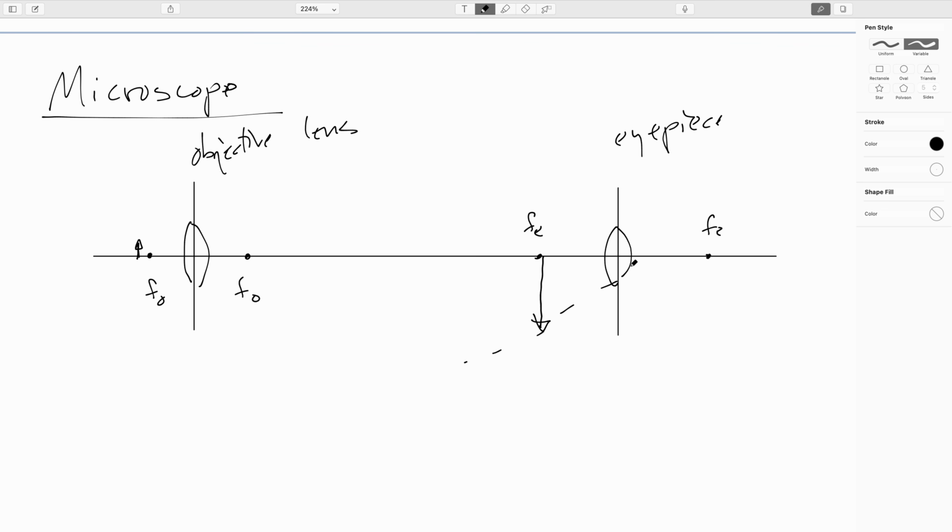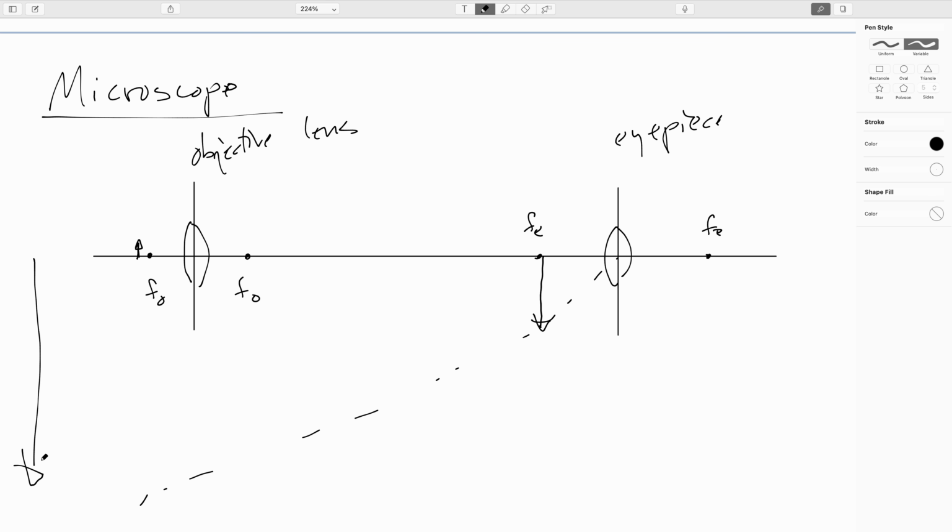So just following the same kind of thing we were doing before. This is going to park some virtual image way out at infinity, taking up a nice big angle.